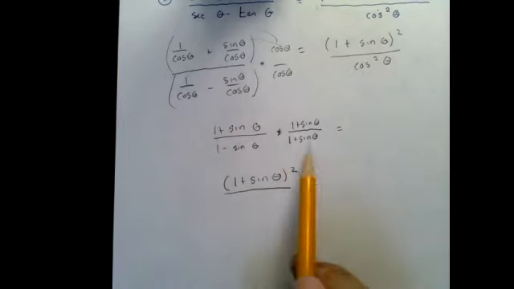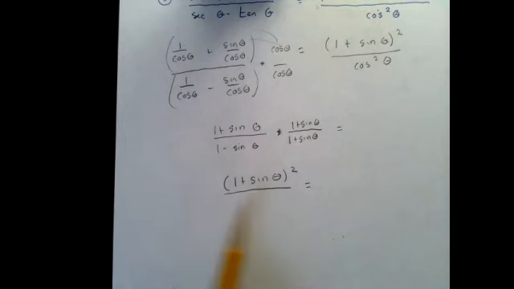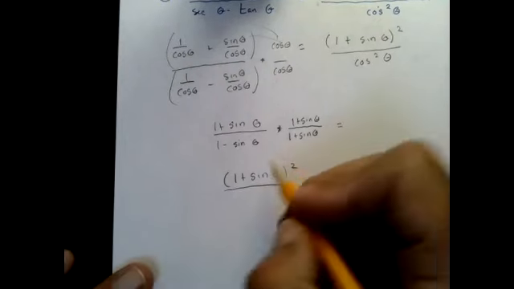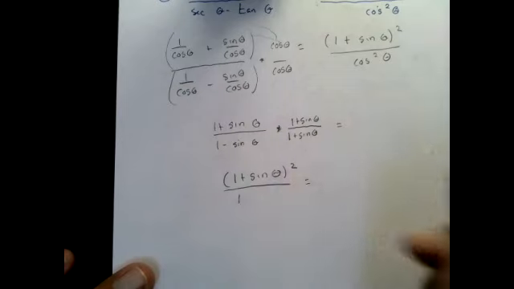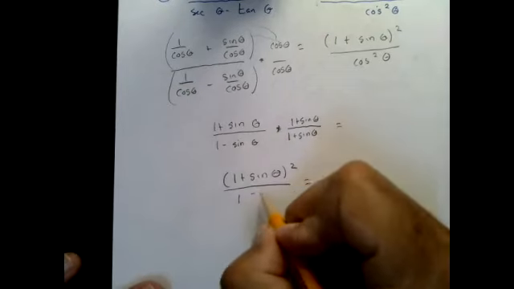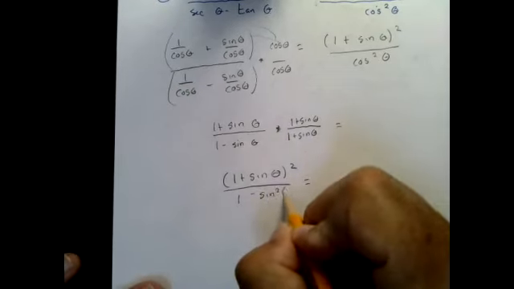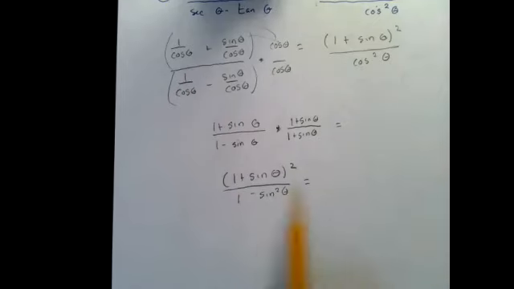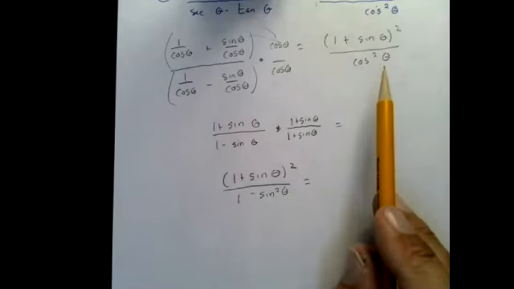This is the product of a sum and a difference again. So I know that outer and inner are going to cancel. This is going to give me 1 minus sine squared of theta. And I know what 1 minus sine squared of theta is. What's that become? Cosine squared theta.